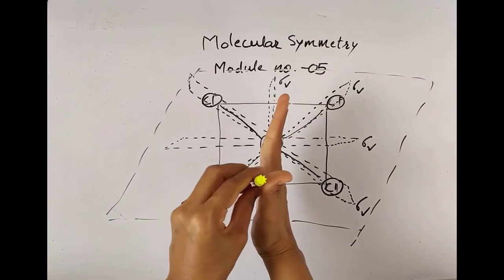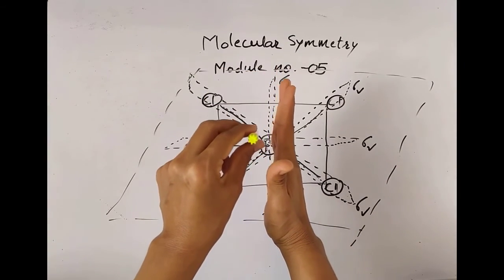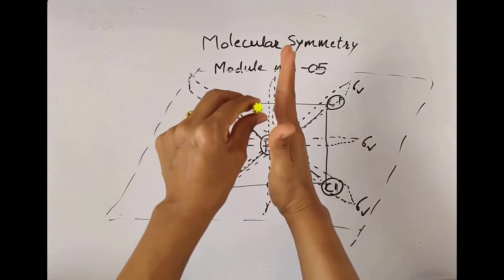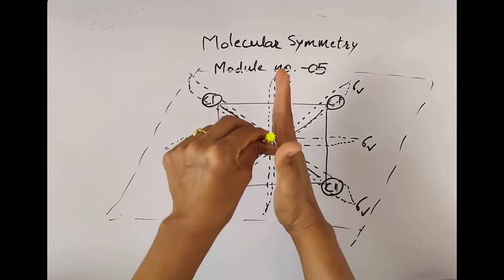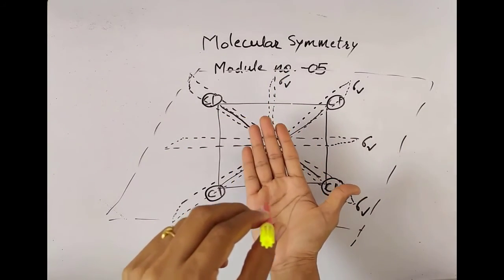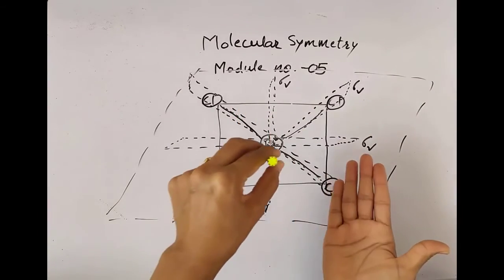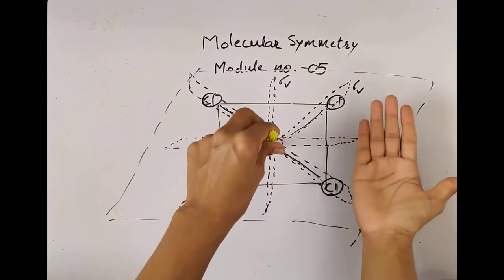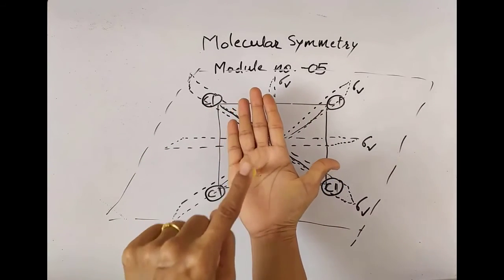Here the plane was like this, they were moving alongside each other, and we know that parallel lines never meet or touch each other. So this axis and plane, they are moving together, they are not interacting with each other, but this is perpendicular. So they are bisecting, interacting with each other, which means this principal axis and this plane are perpendicular to each other.